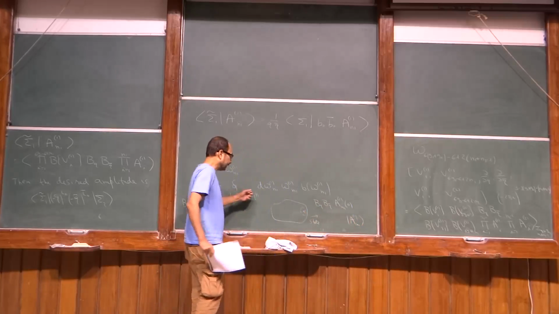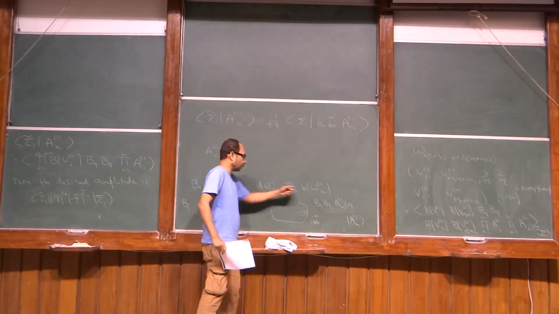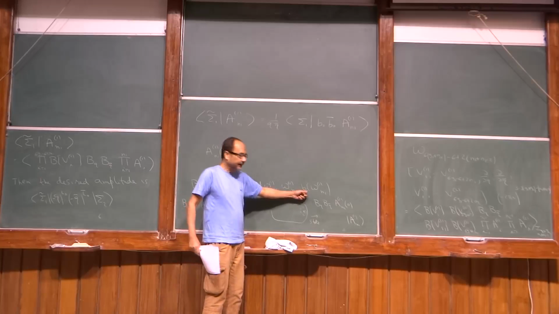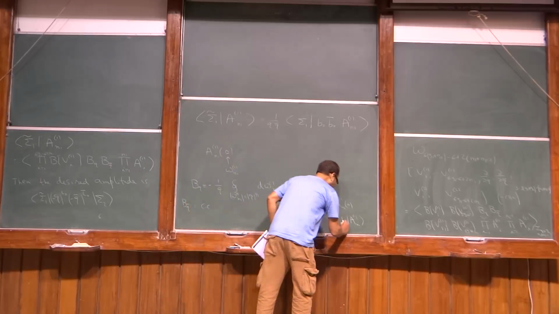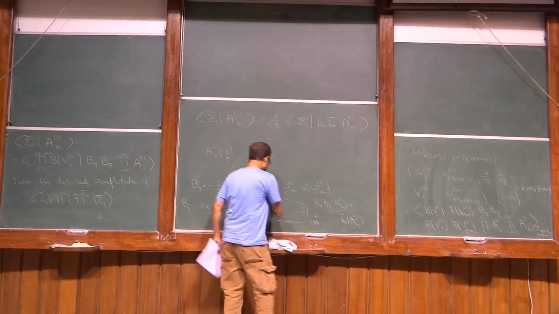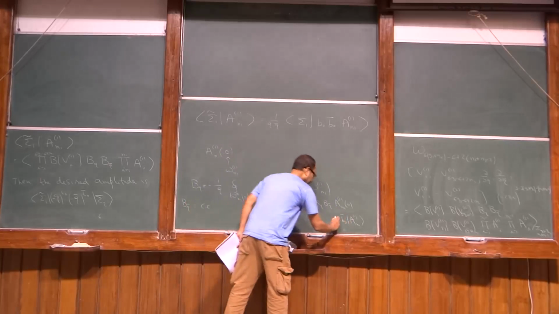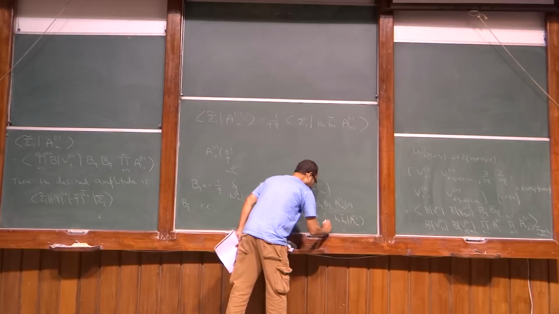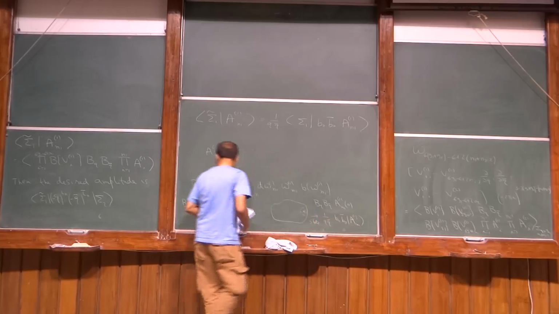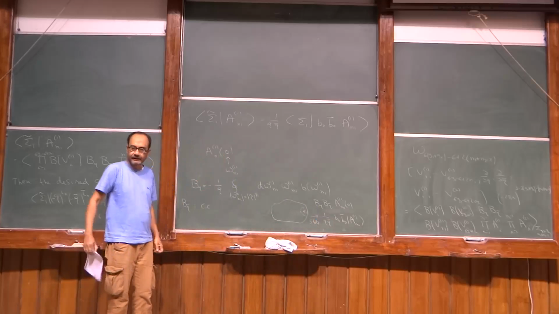And you can easily see that BQ bar, the corresponding thing with the bar, is nothing but B0 bar, and BQ is B0. I have to put 1 over Q bar, because of these factors over here.